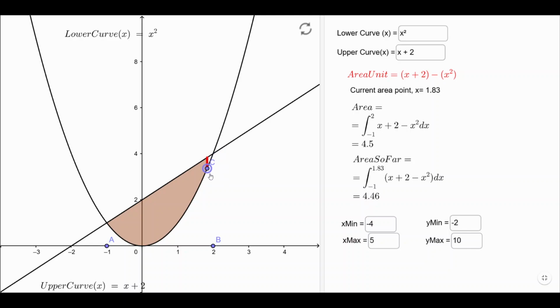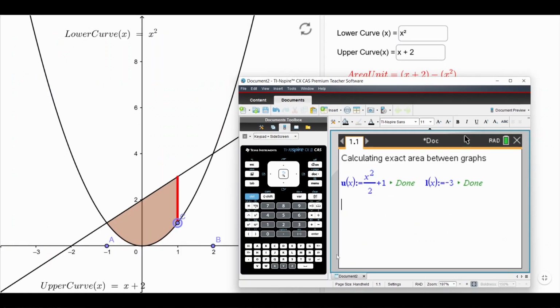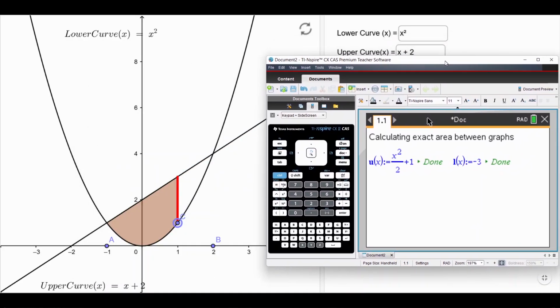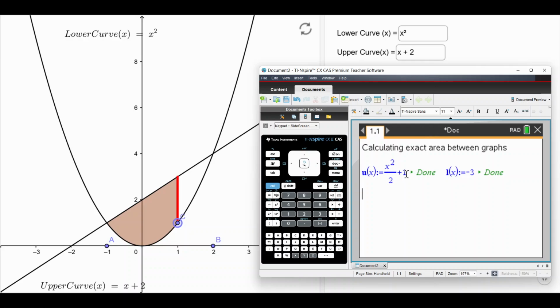Now let's check if this is correct and also try to understand and develop the formula. For this, I'm going to use my calculator. We know that our upper function is x plus 2, and our lower function is x squared.